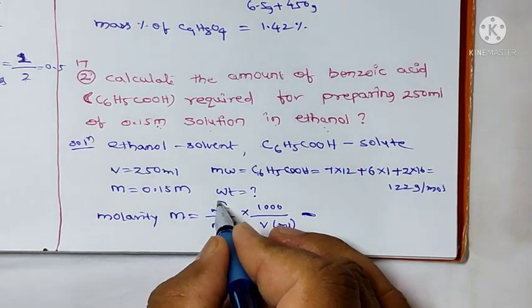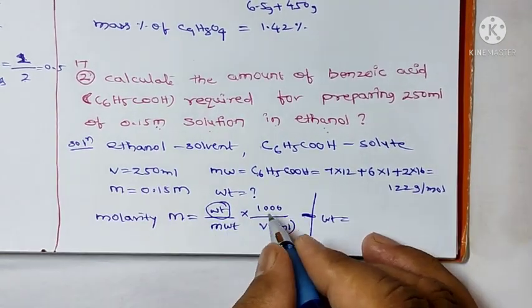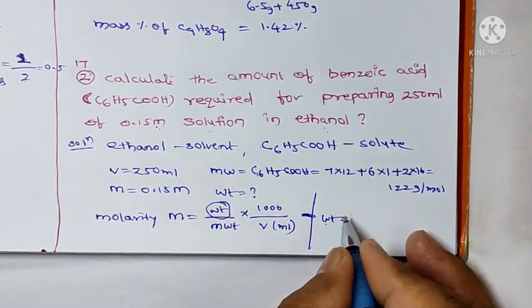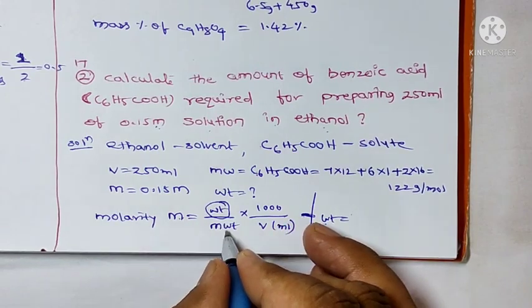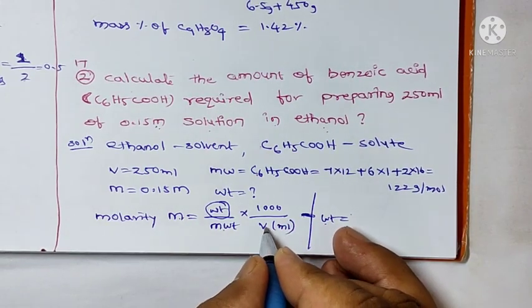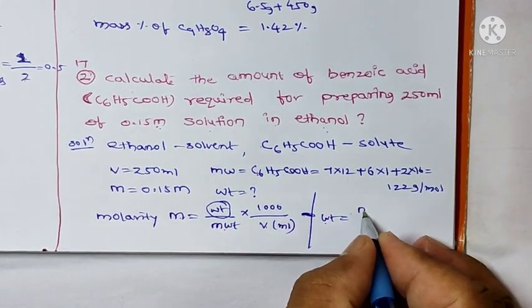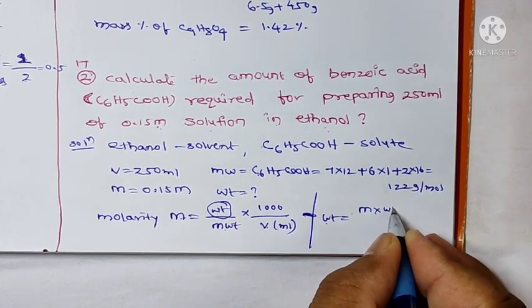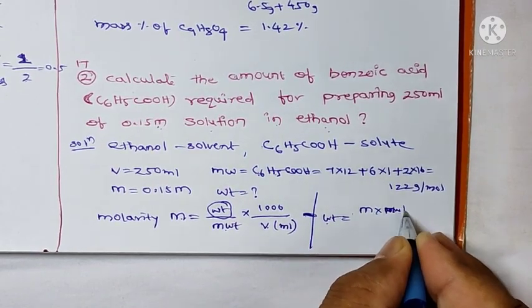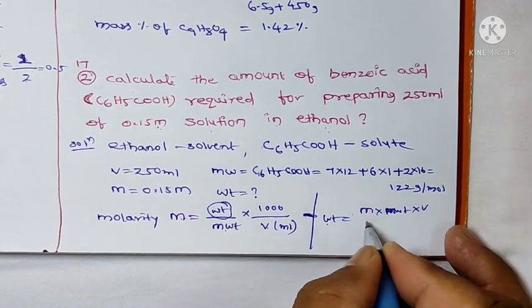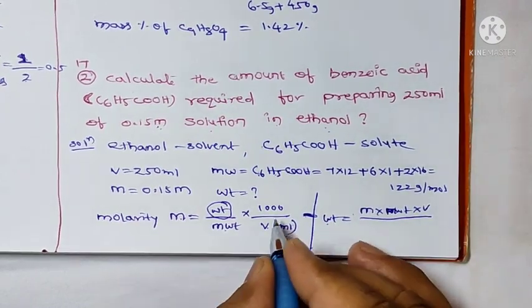So we can write that weight is equal to M into molecular weight into V divided by 1000.